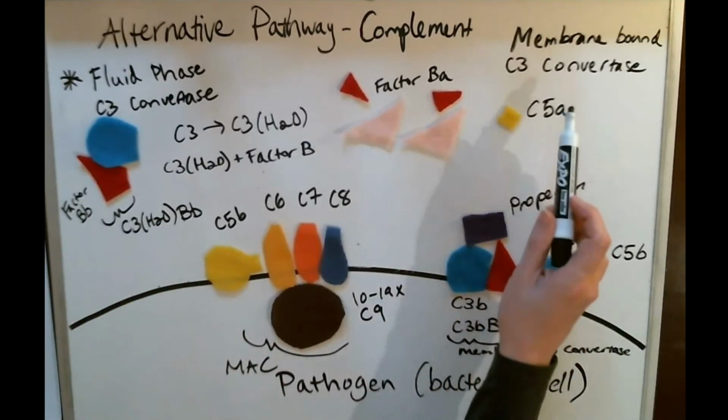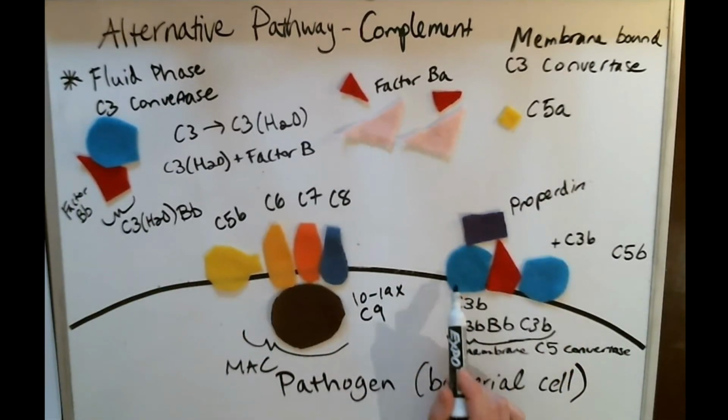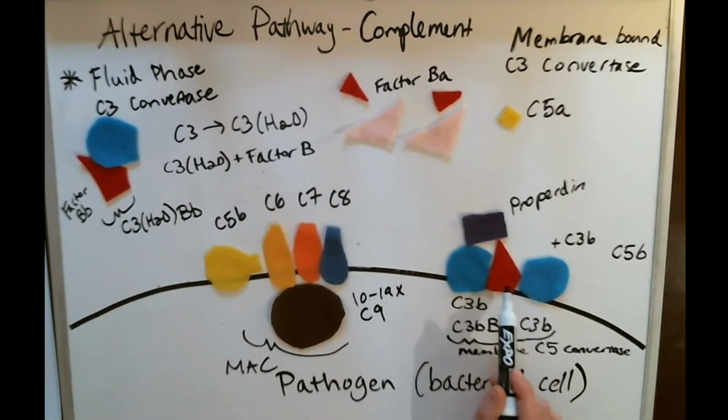The C3b can come over here and be a membrane-bound version, which associates with factor B and D. The cleaved factor B version binds to C3b to form the C3 convertase that's membrane-bound, and then that associates with properdin and another molecule of C3b to form the membrane-bound C5 convertase, which then is responsible for initiating the membrane attack complex formation.